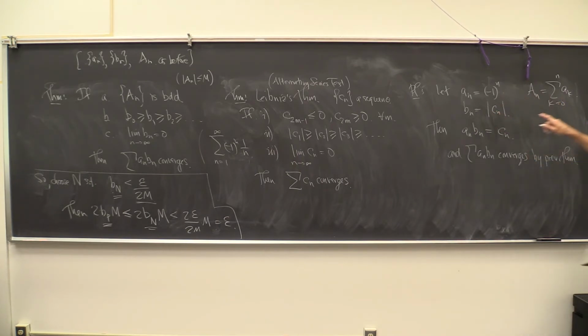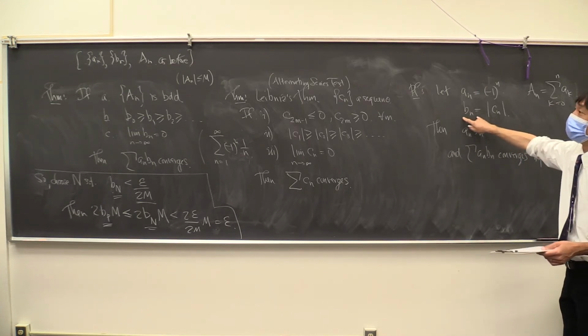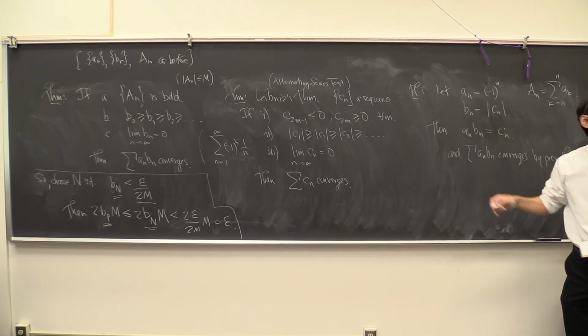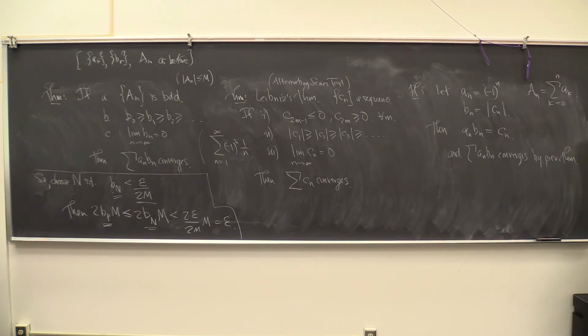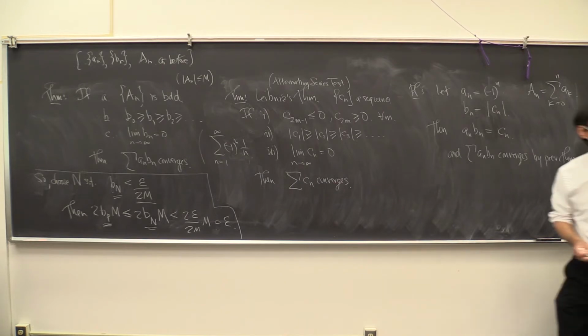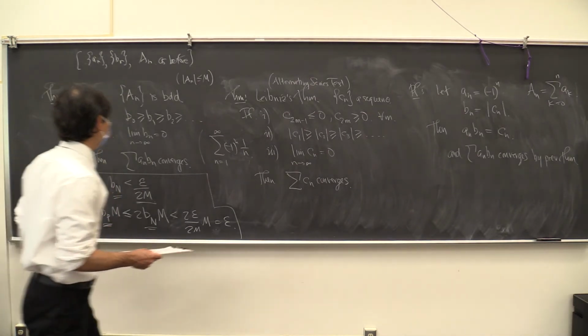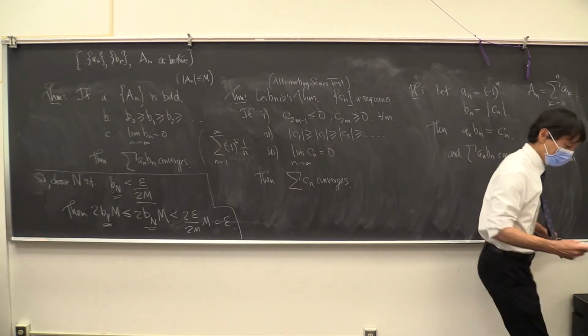This partial sum sequence is bounded by 2. And we have that the terms are decreasing to 0. So we just apply the theorem, and that's that. Okay, everyone all right? Maybe it's not that interesting. Let's do another thing, which is going to be better.